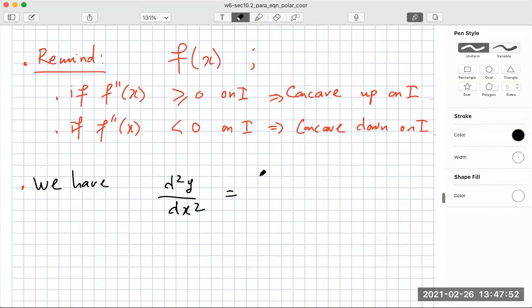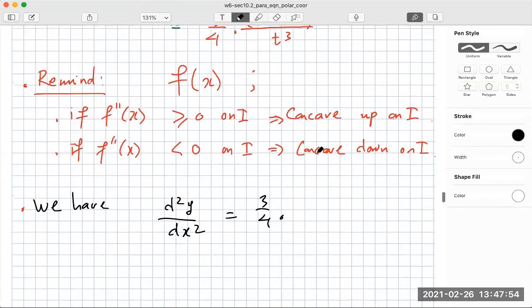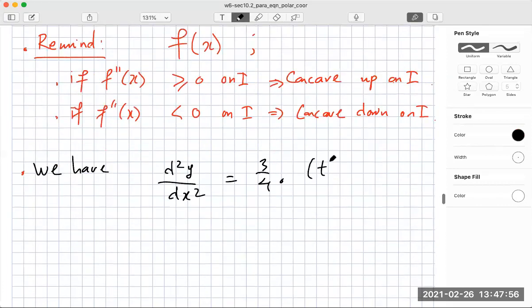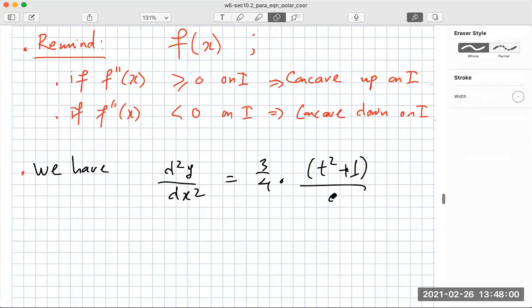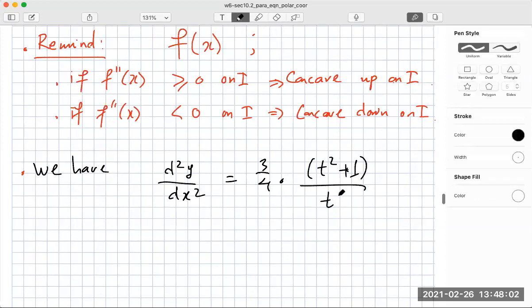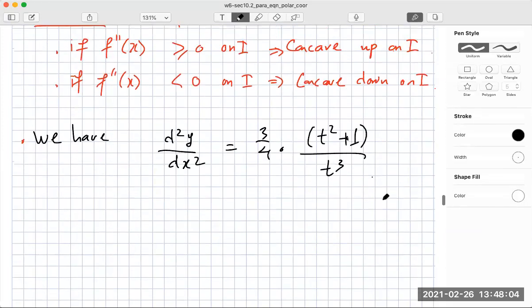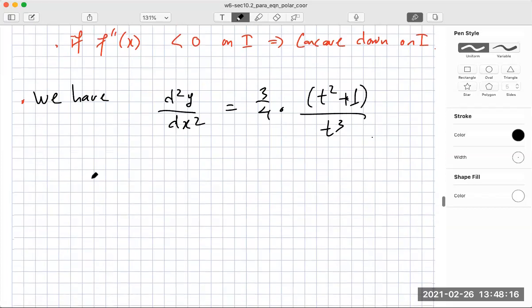3/4 of (t squared plus 1) over t cubed. In order to study the concave up and concave down properties of this, the easiest way is to make a table like we did yesterday.